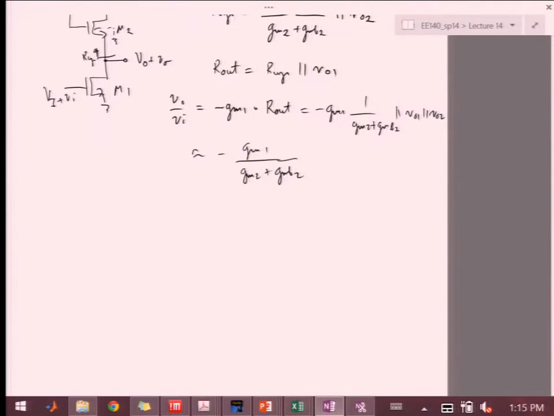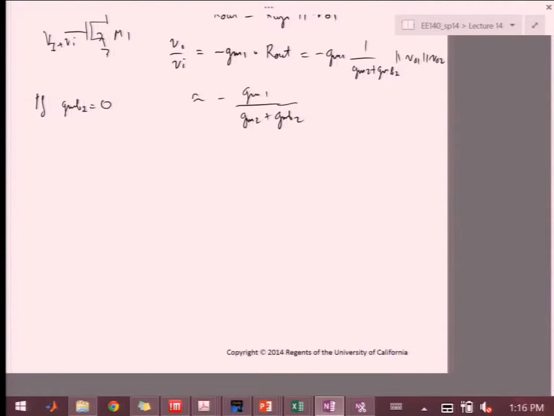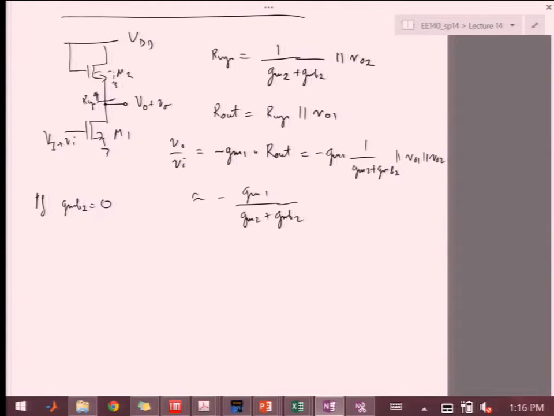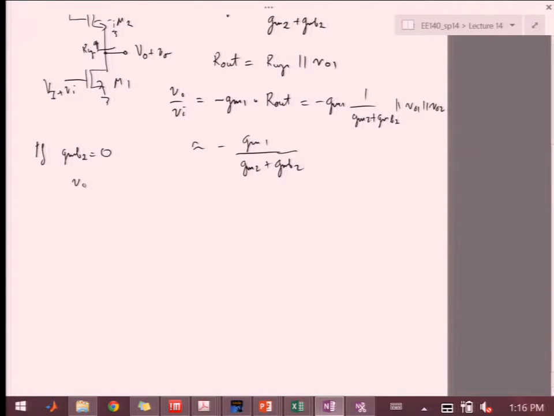And in situations where GMB2 is 0, let's say if I have a process where I can afford to connect the body to the source, like a dual or triple well process, I can eliminate GMB2 and I get something that has a pretty nicely defined gain.